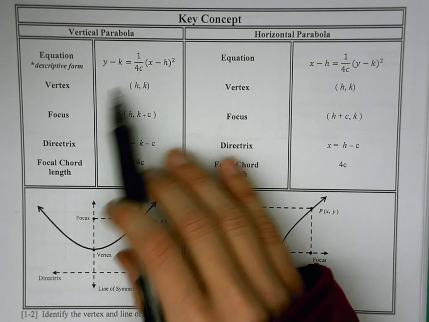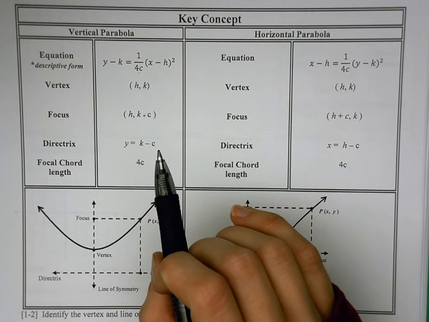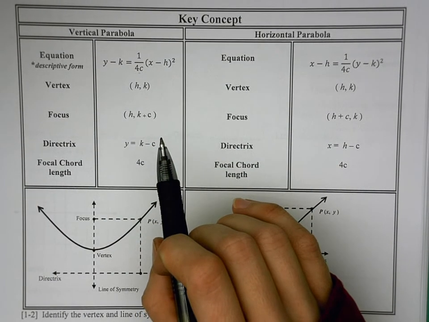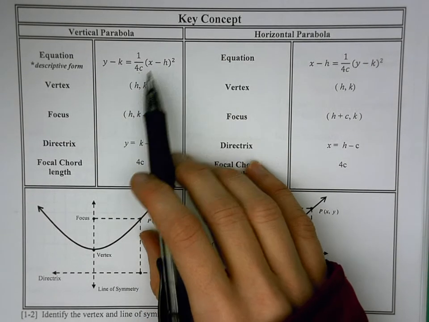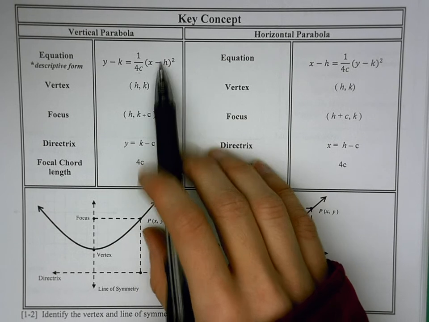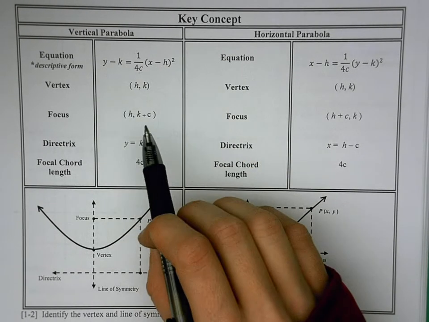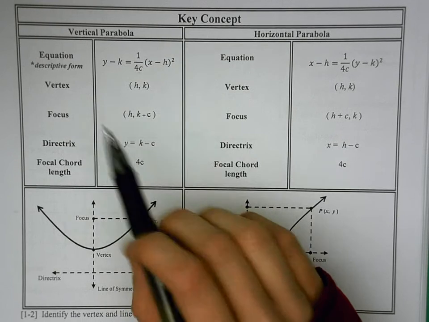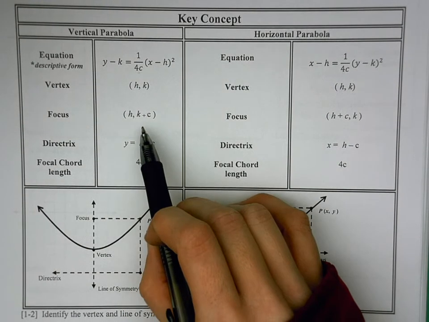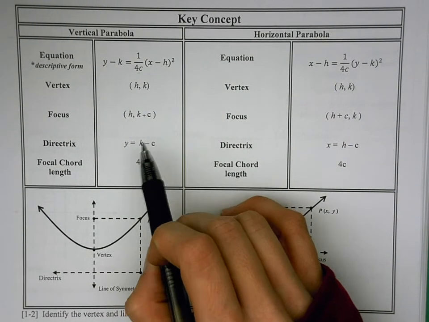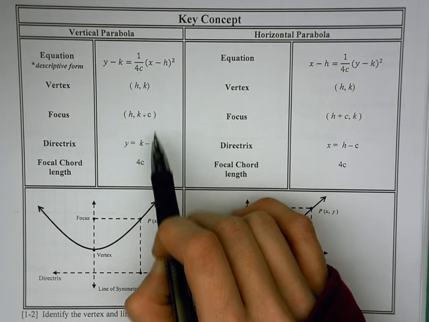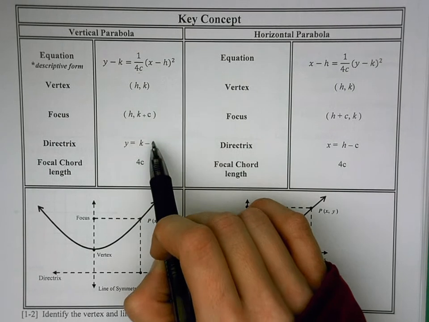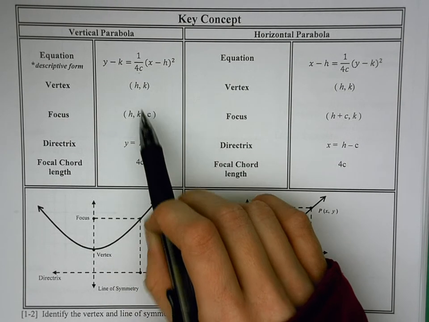The vertex is that same idea that we looked back at in Unit 1 when we looked at graphing quadratics and linears and exponentials and absolute values, that the h is what zeroes out the x component of our equation, the k is what zeroes out the y component. You've got your focus and your directrix, which are going to be a point and a line, as we talked about up above, and we highlighted them up above, that are a distance c in either direction away from your vertex.